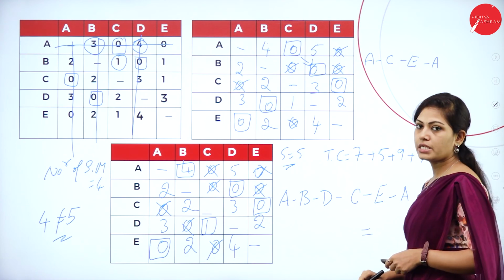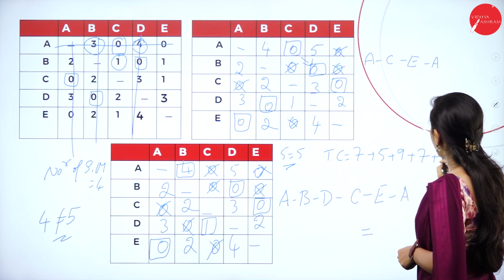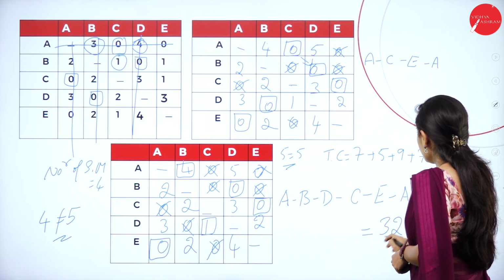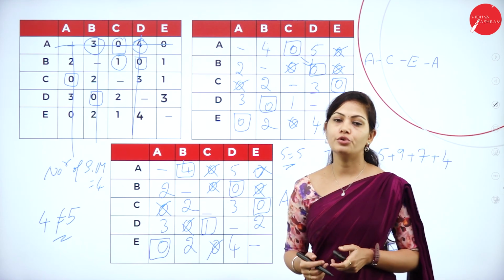So 7 plus 5 is 12, 12 plus 9 is 21, 28, 32. He travels 32 kilometers. So the total cost is 32 rupees.